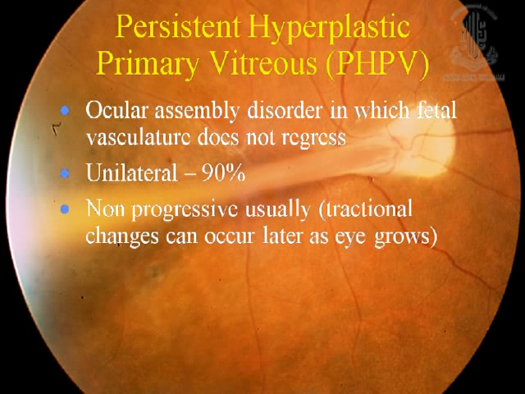The other differential diagnosis is persistent hyperplastic primary vitreous, an ocular assembly disorder in which the fetal vasculature does not regress. It is unilateral in 90% and it is usually non-progressive.